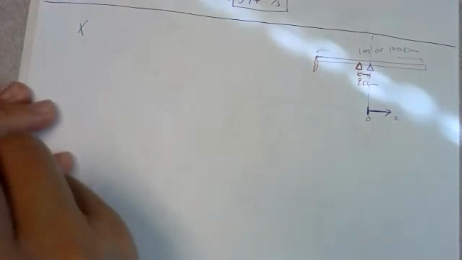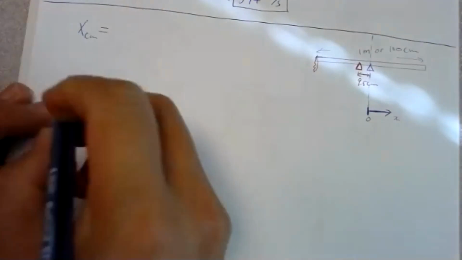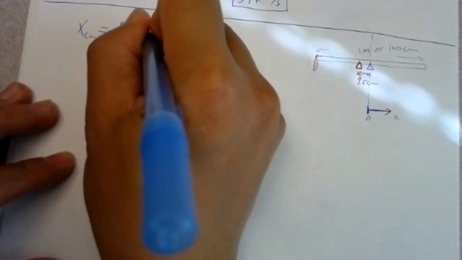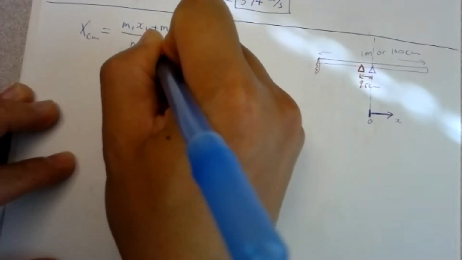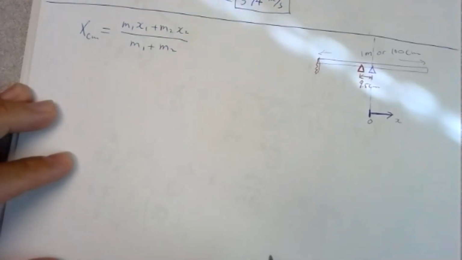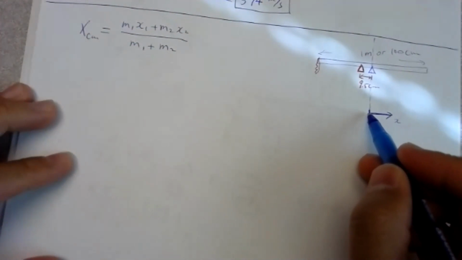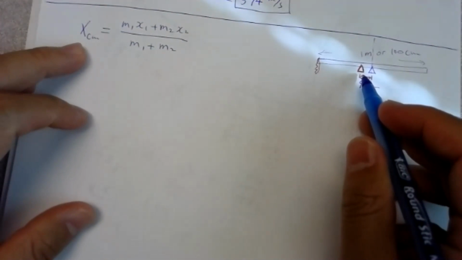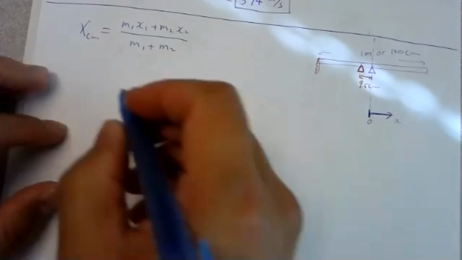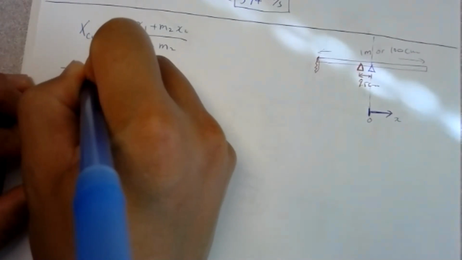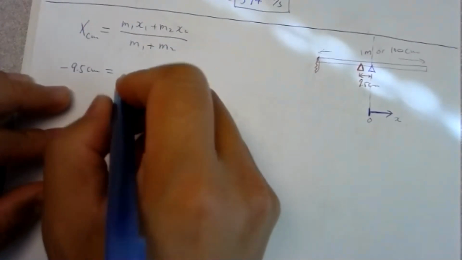Now for the system, you have the necklace plus the meter stick, so two objects in the system. Your center of mass x position should be equal to m1 x1 plus m2 x2 divided by m1 plus m2. With this coordinate system, the center of mass for the system should be 9.5 centimeters away from the origin in the negative direction, so minus 9.5 centimeters.